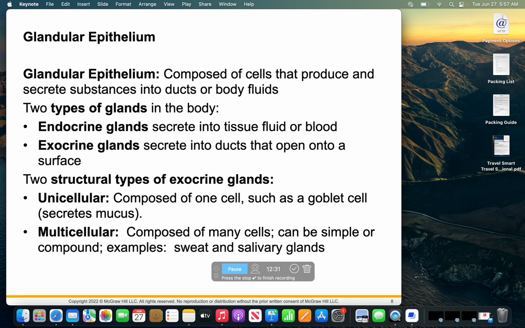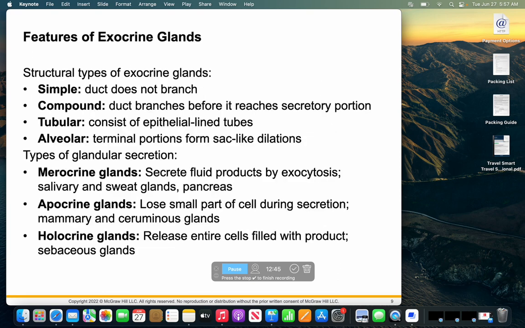So epithelial tissue does make up glands, and we had 2 types of glands: the endocrine glands that secrete fluid into the body, and then exocrine glands, which secrete fluid out of the body. We did not focus on unicellular or multicellular, but we did look at merocrine, apocrine, and holocrine, and there are a few questions about that on the test. So remember, merocrine, they're happy, they're merry because they are not breaking parts of their cells off.